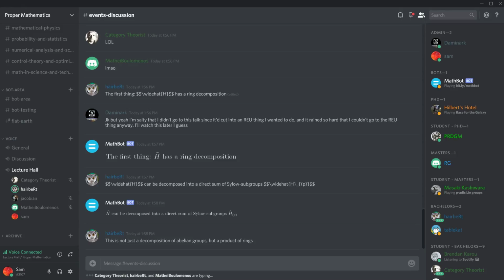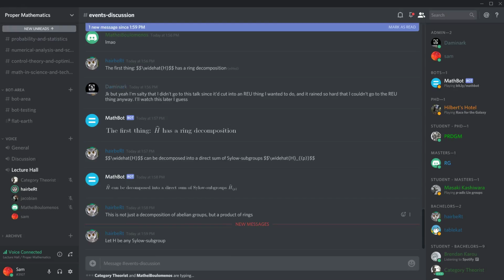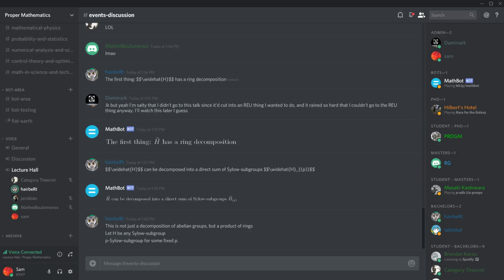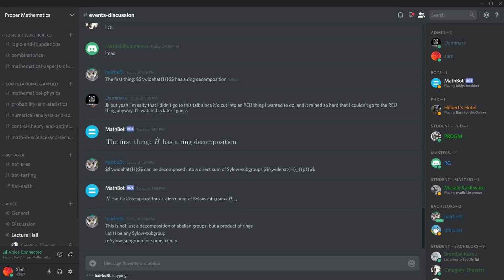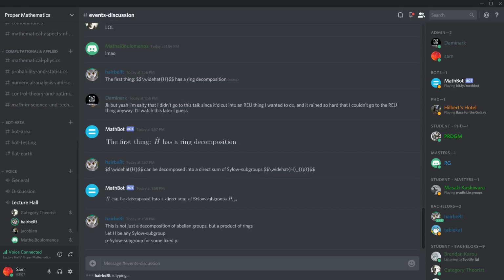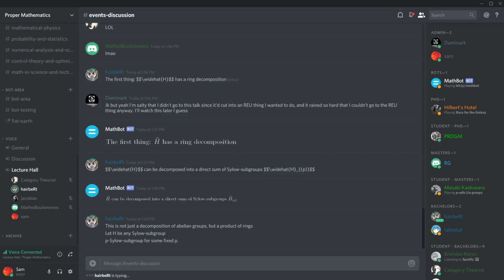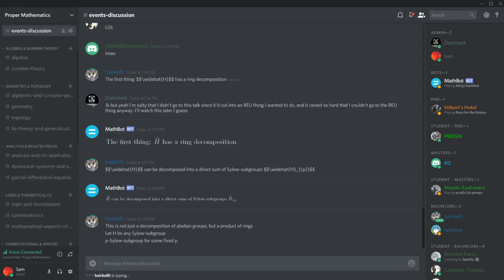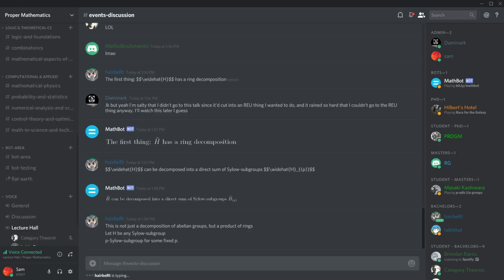Take the Sylow p-subgroup for some fixed p. Thing is, this H has periodic cohomology, so it contains an invertible element. We're going to call it u, of non-zero degree d.